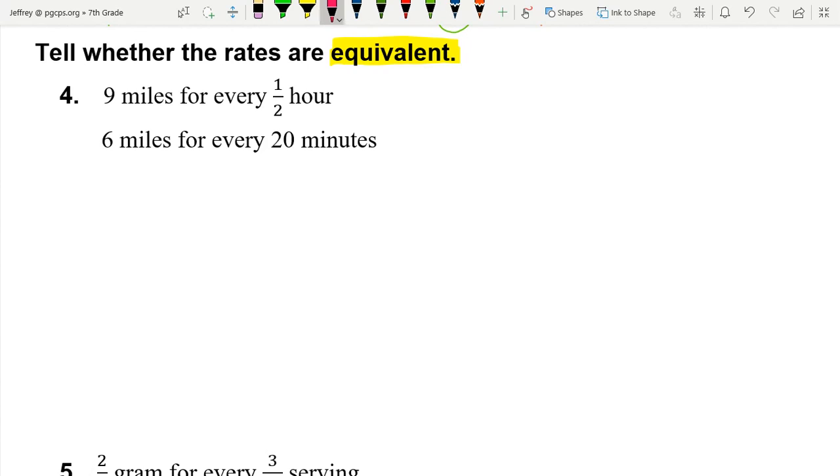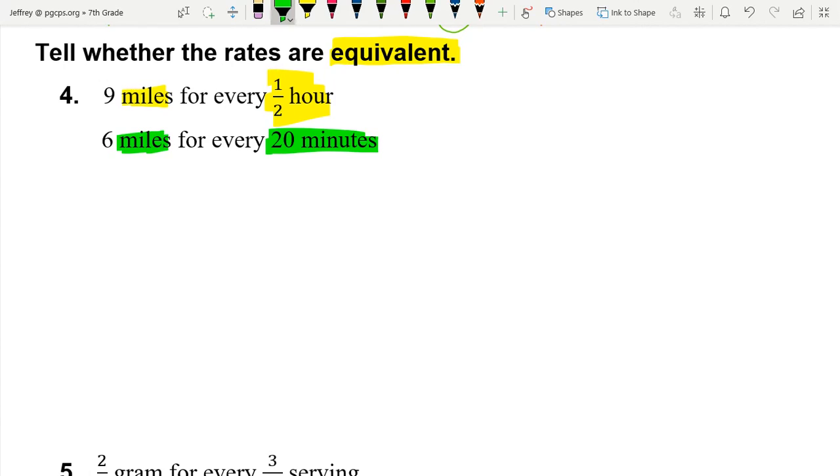Okay, 3, 2, 1. So let's get the unit rates of each statement to tell whether the rates are equivalent. So for this first statement, we have 9 miles for every 1/2 hour. For the second statement, we have 6 miles for every 20 minutes.